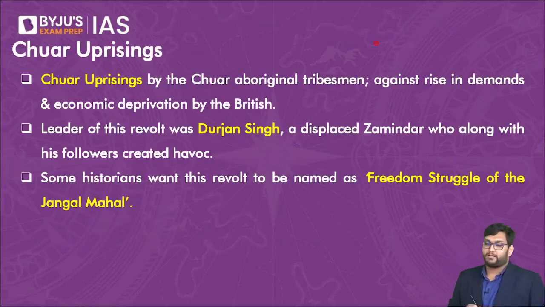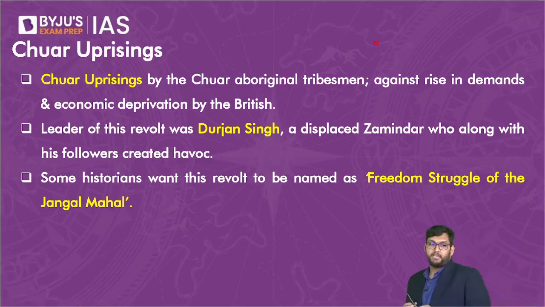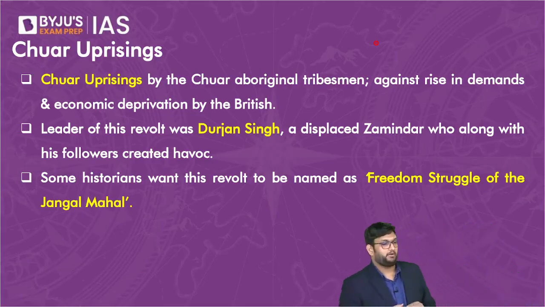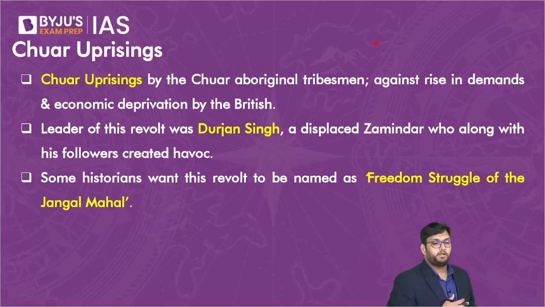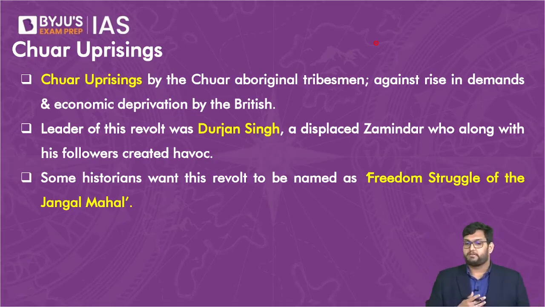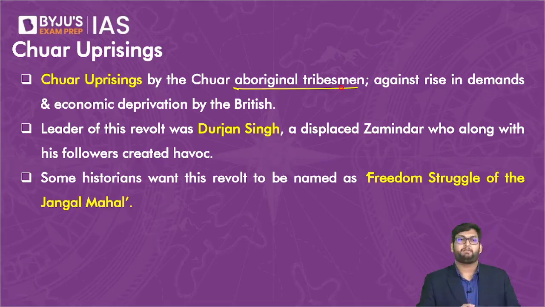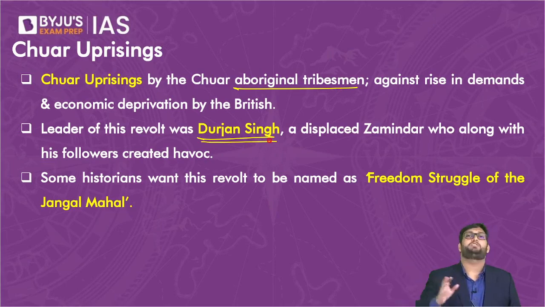Thereafter, you have the Chuar uprising. This is again the area of the Chota Nagpur plateau. The Chuar aboriginal tribes were not very happy with the economic deprivation which the British were pushing on them. The leader is Durjan Singh, a displaced zamindar who went into this sector to take the help of the Chuars.